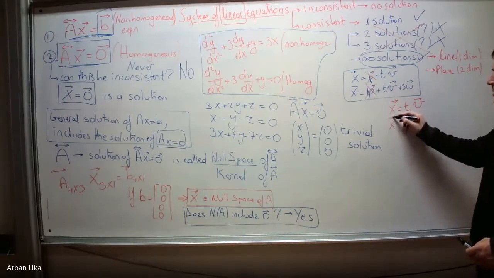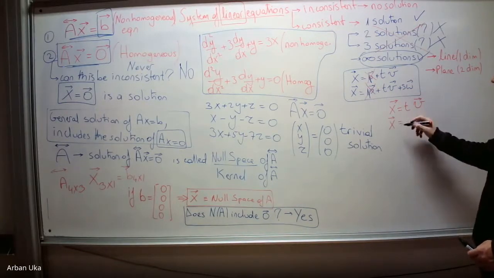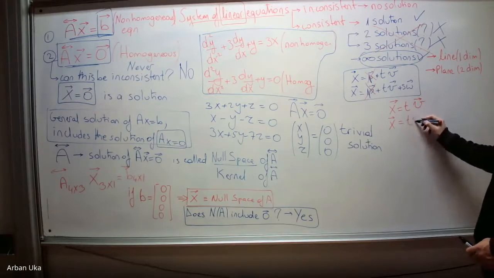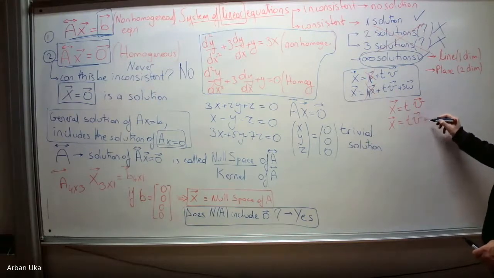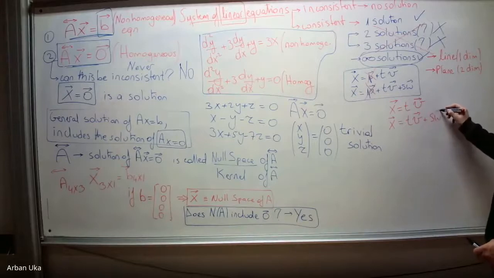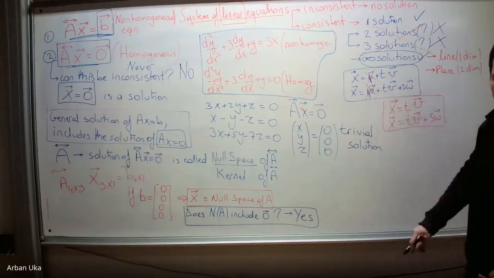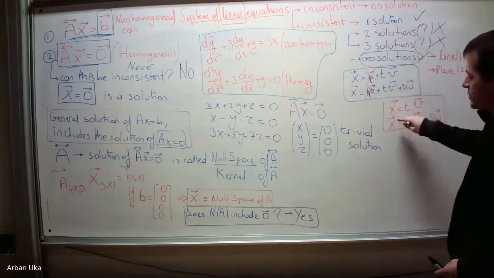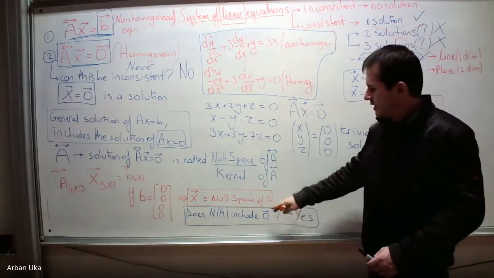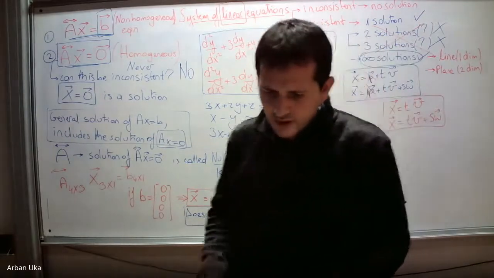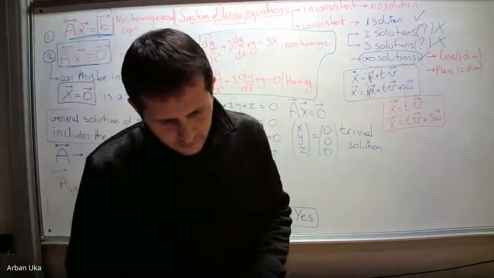At the same time, a plane, tV plus sW, since we have taken away the P, also passes through the origin. Similarly, the null space of A also passes through the origin.